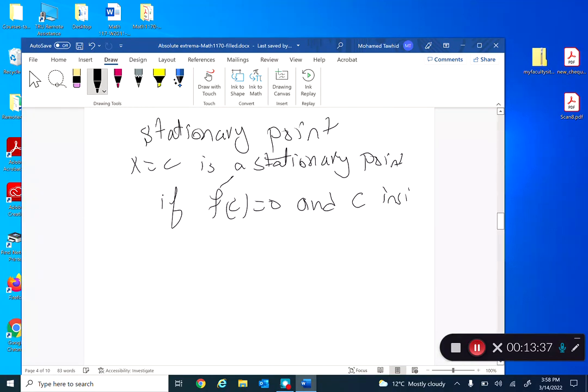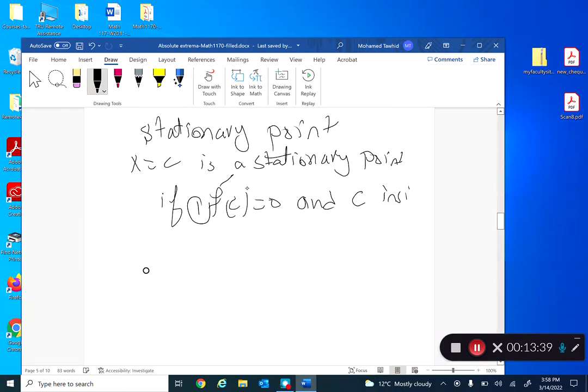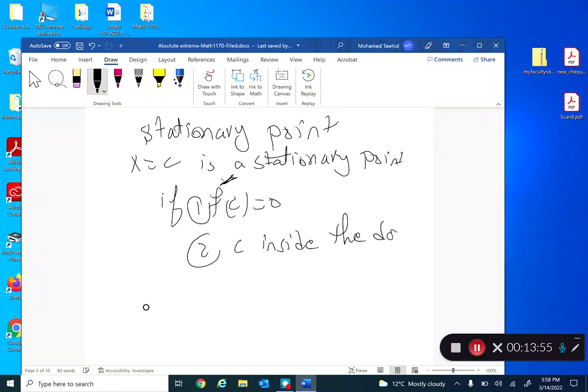So you have two conditions. Condition number 1, your derivative is 0, which means you have a horizontal tangent and your slope is 0. And c must also be inside the domain of your f. That is called a stationary point.